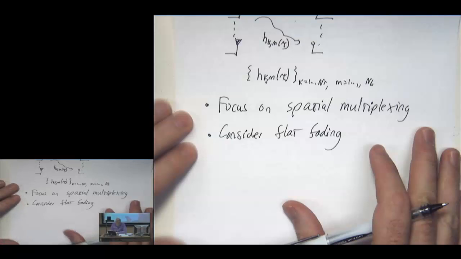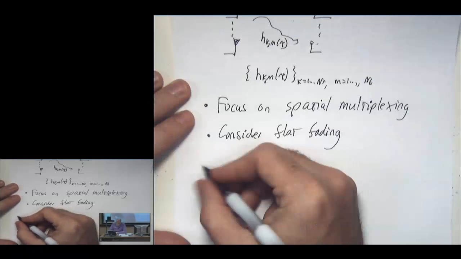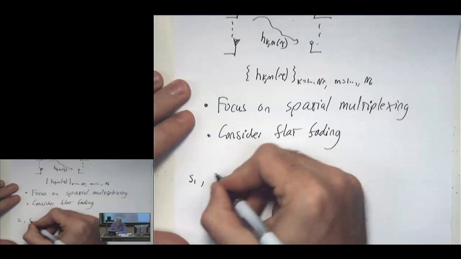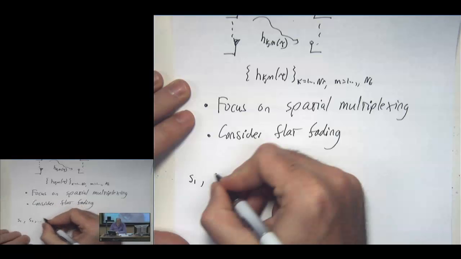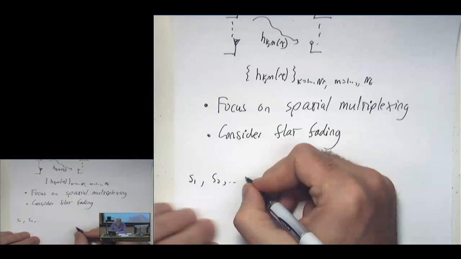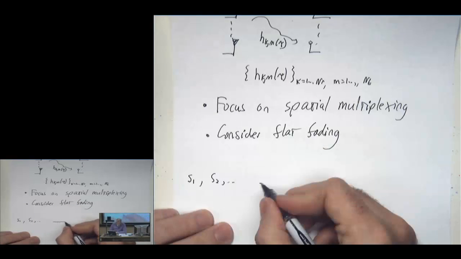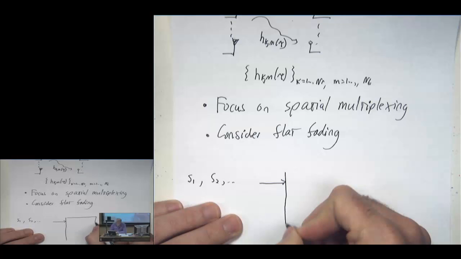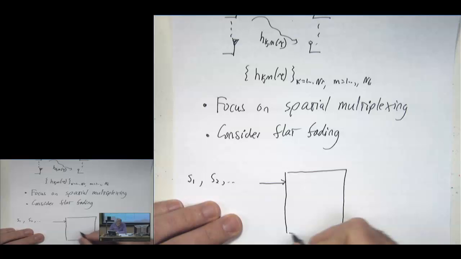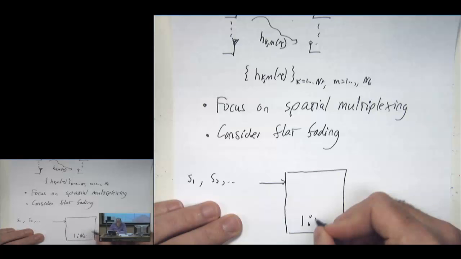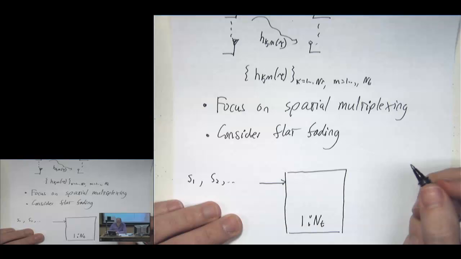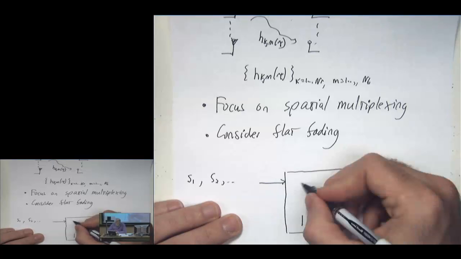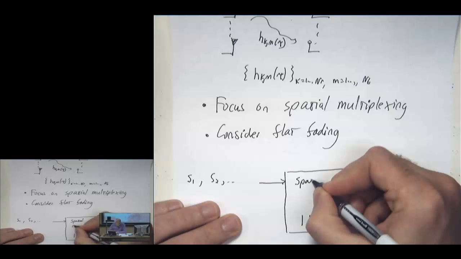Suppose that we have a stream of symbols here, S1, S2, etc. Spatial multiplexing is actually a demultiplexing operation, but anyway. This is a serial to parallel converter from 1 to NT, just like we saw in the OFDM case. That's effectively what spatial multiplexing is. So this is the spatial multiplexer.